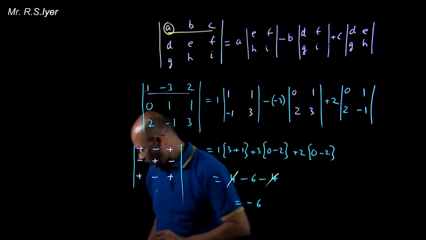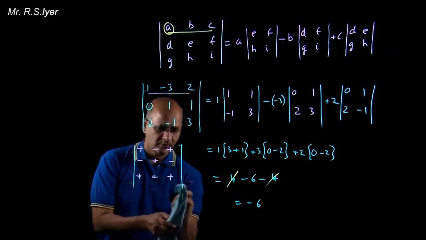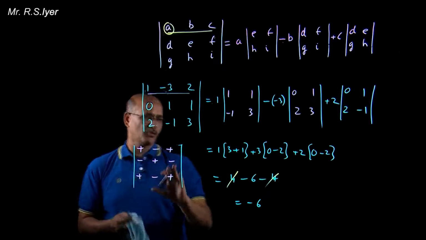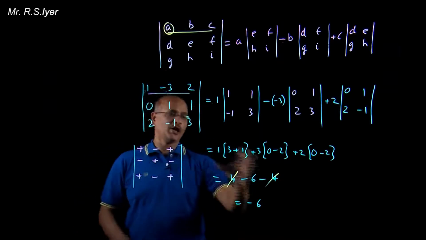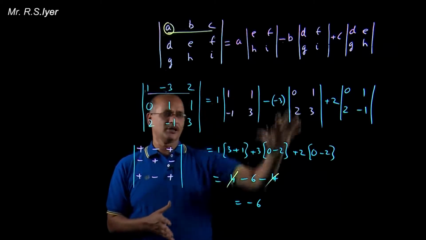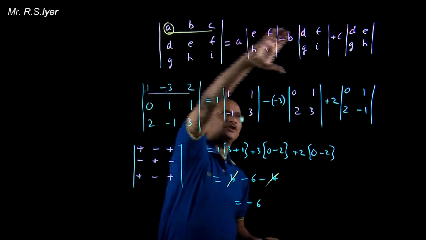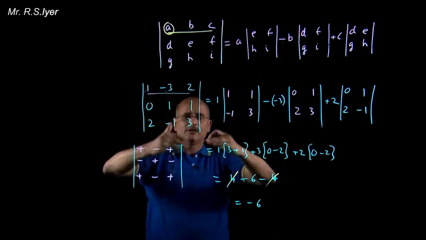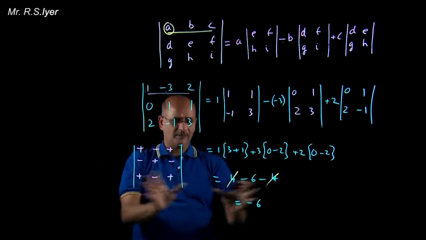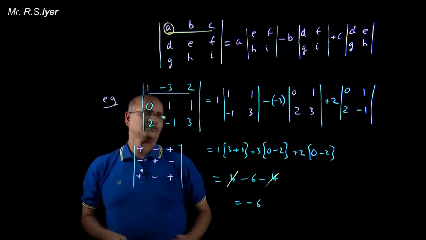This convention I want you to remember, because this is very, very important. We will be using it very frequently in other sums. I hope you got this point clear. This is the convention for opening up the determinant, and this is the way you apply it to numbers. So you can take this as an example for us.